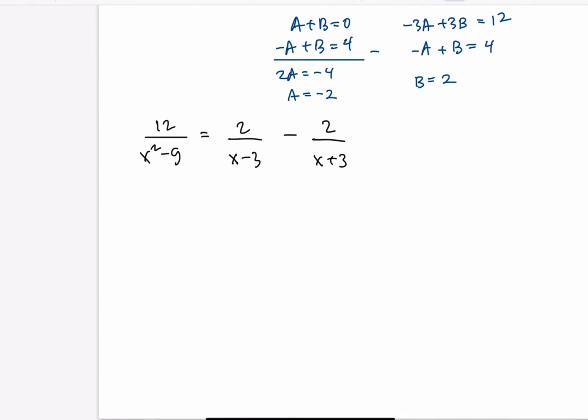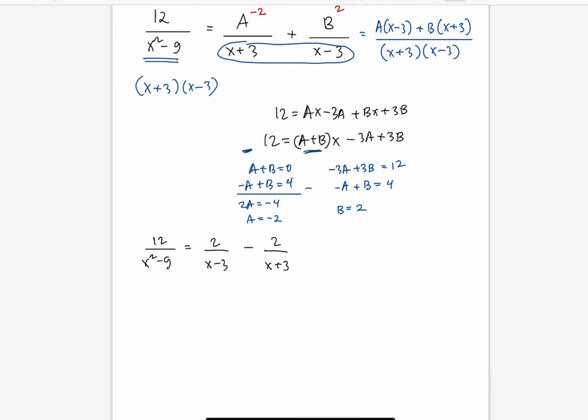So let me show you another example that is still in partial fractions.